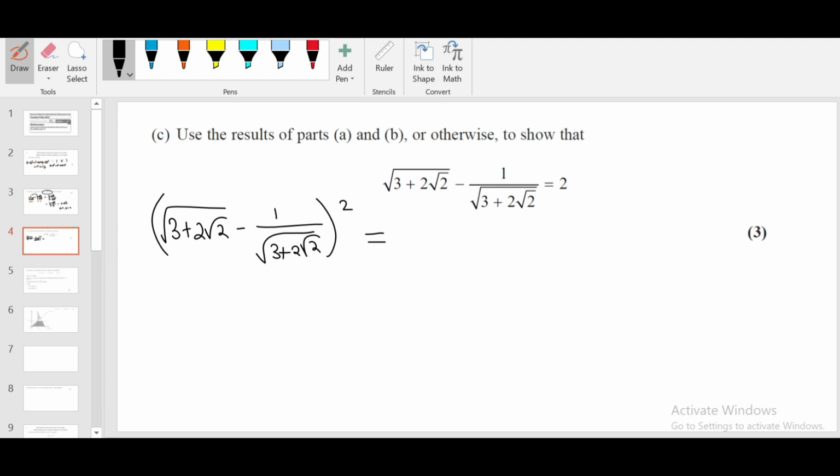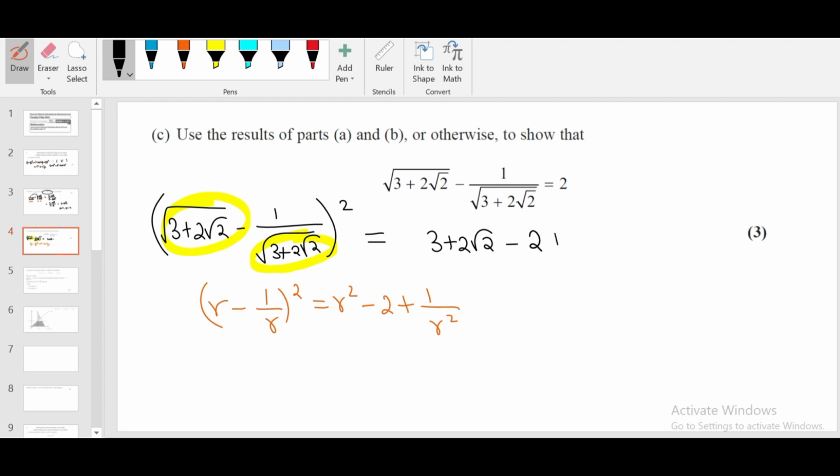The question says using result from part A and B. Yes, in the result from part A, it says (r minus 1 over r) whole square is r square minus 2 plus 1 over r square, right? So if you treat this as r, you will get r square, so the square root will be gone, minus 2 plus 1 over r square.